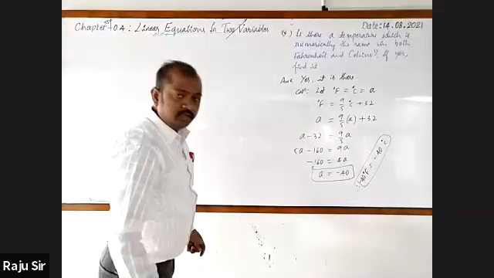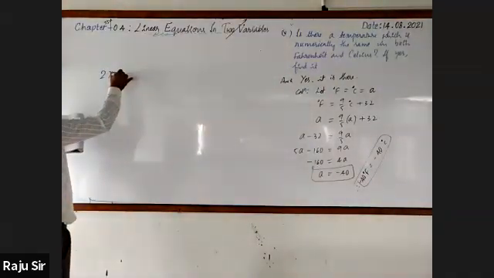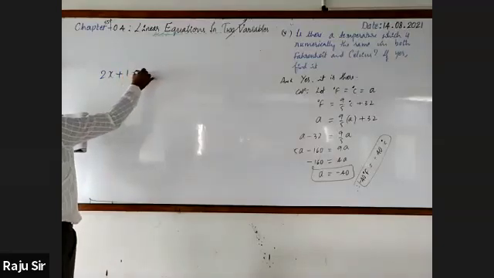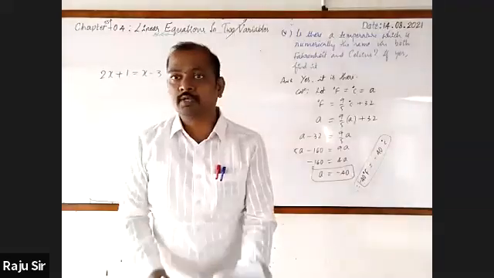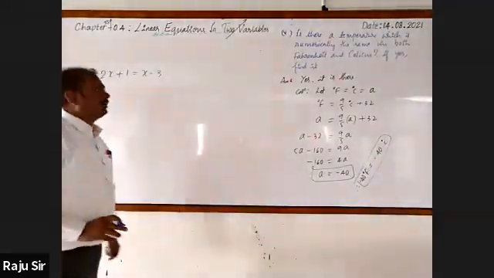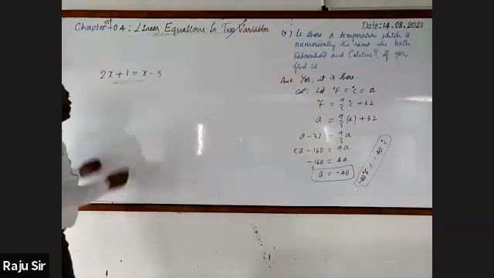Here, one equation has been given: 2x plus 1 is equal to x minus 3. That exercise has already been completed. Now we are moving to the next concept. Look here, this is the given equation.